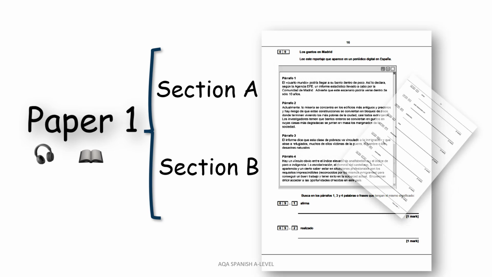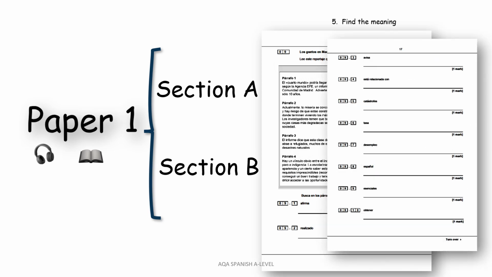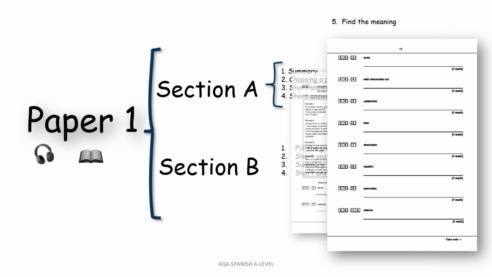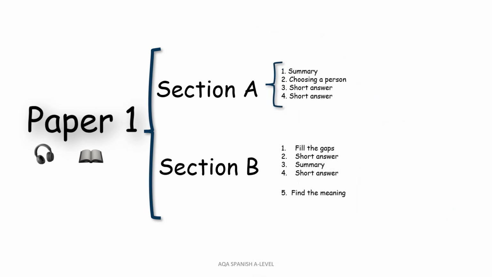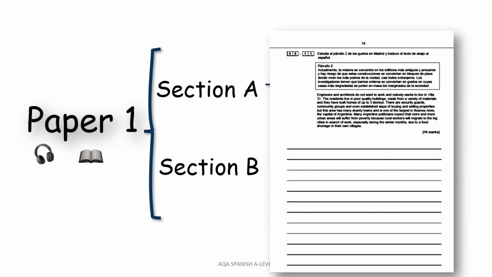A vocabulary task where you identify the meaning of certain words. I consider this one easy too. But no, this one, the most challenging activity according to my students, translating into Spanish.